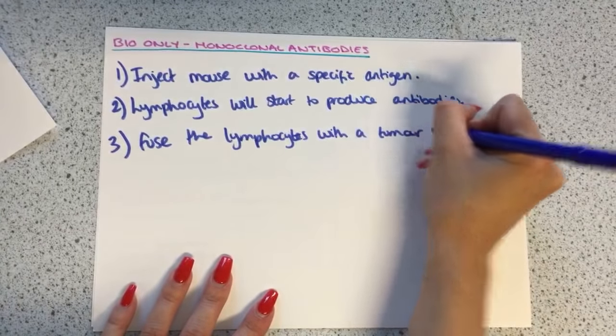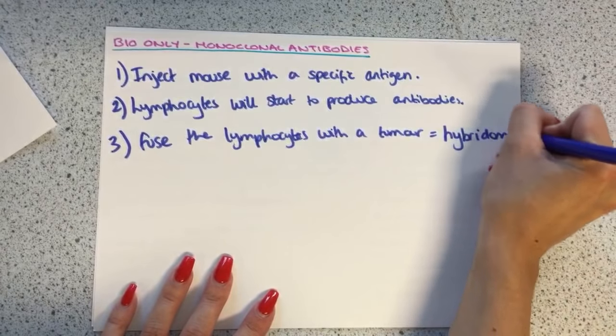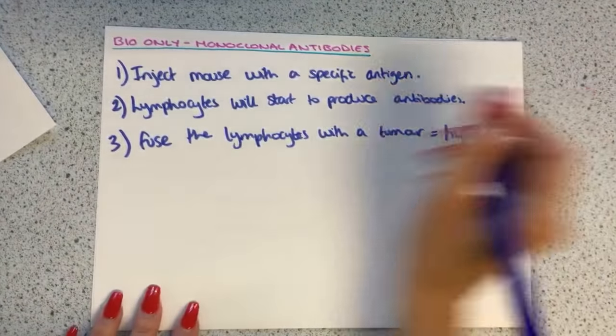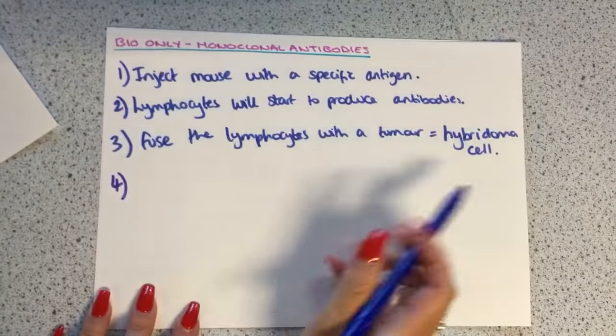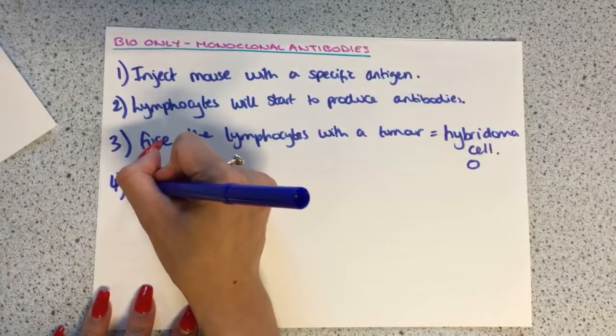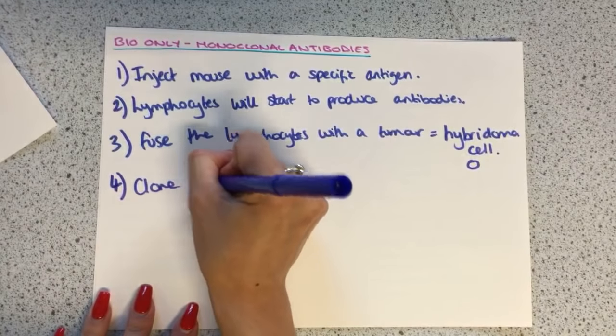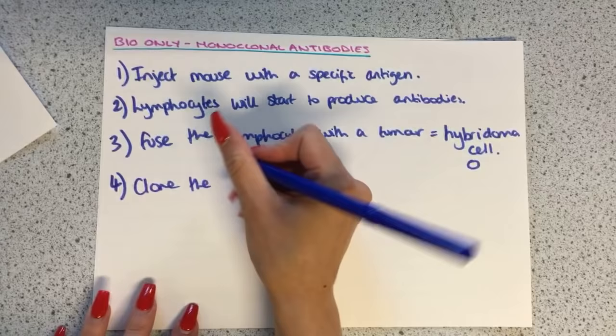This is going to form something called a hybridoma cell. You are then going to clone the hybridoma, so you'll end up with lots of them. So imagine you've got one hybridoma cell. You're then going to clone, hence the name monoclonal antibodies.